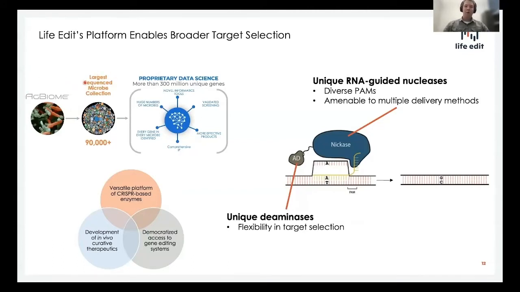This is a huge set of microbial genome sequences from which we've been able to mine unique RNA-guided nucleases that have diverse PAM sequences as well. And all of these systems are amenable to different types of delivery. In addition, we've been able to identify our own unique deaminases, both C-base editors and A-base editors, that give us further flexibility in the number of targets and mutations that we can address.